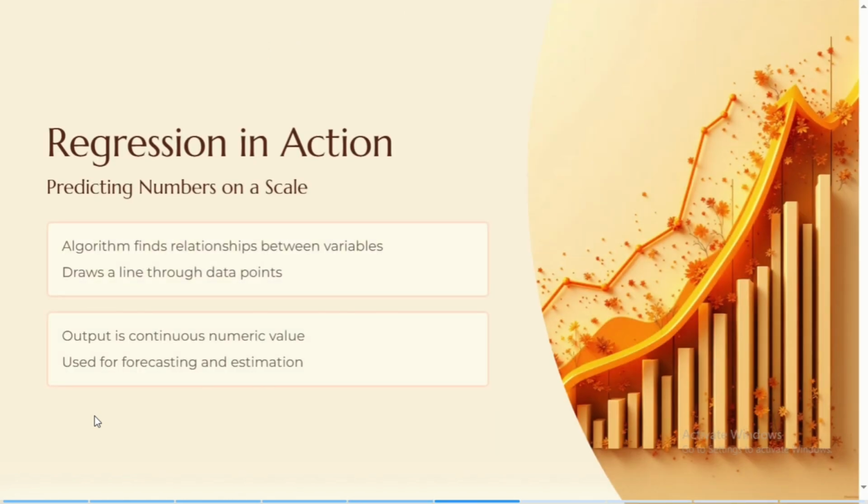Predicting numbers on a scale. Regression is used when the output is a number. Here, the model predicts continuous values. Let us have a look at the diagram given here. The line passing through the data points.